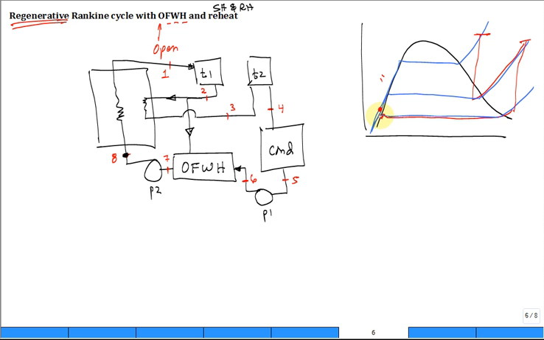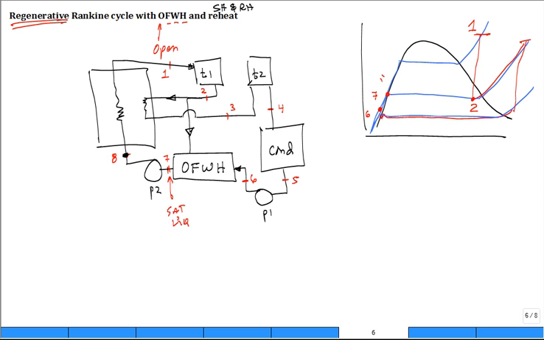That would normally be the temperature that goes into the feed water heater, but that's the temperature at state 6. And we mix it with some fluid having the enthalpy and the temperature at 2, such that it comes out at 7, and 7 wants to be saturated liquid. We want 7 to be saturated liquid at that intermediate pressure.